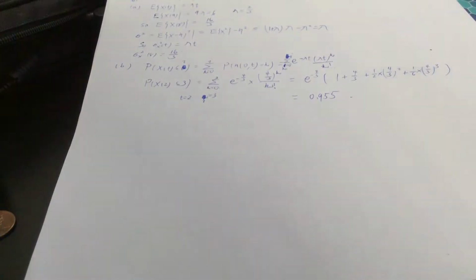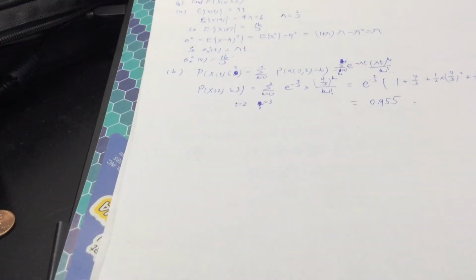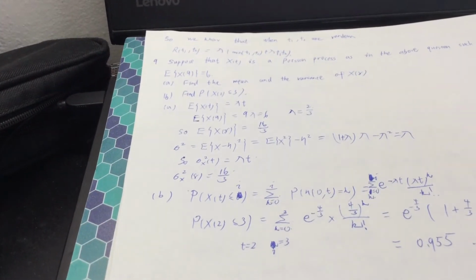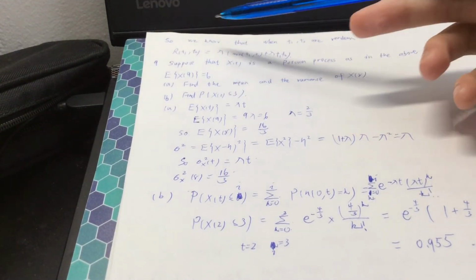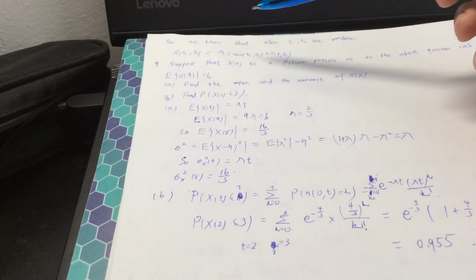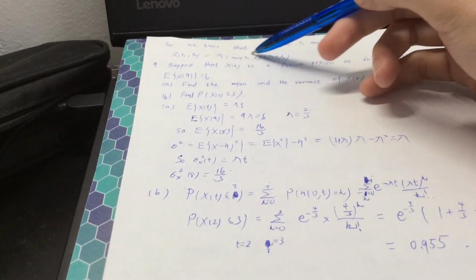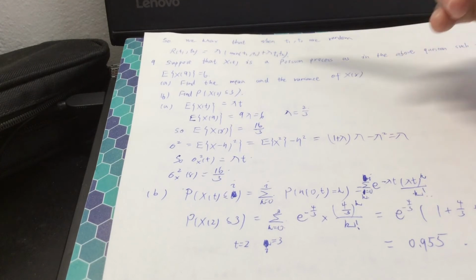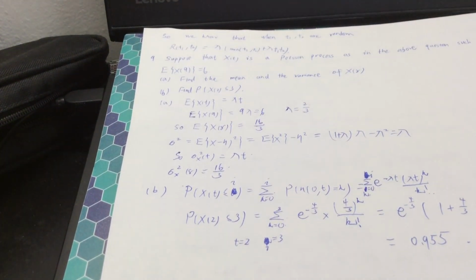So the final consequence: when t1 and t2 are arbitrary, the autocorrelation is equal to lambda times the minimum of t1 and t2 plus lambda squared times t1 times t2. So this is the final consequence. That's all.